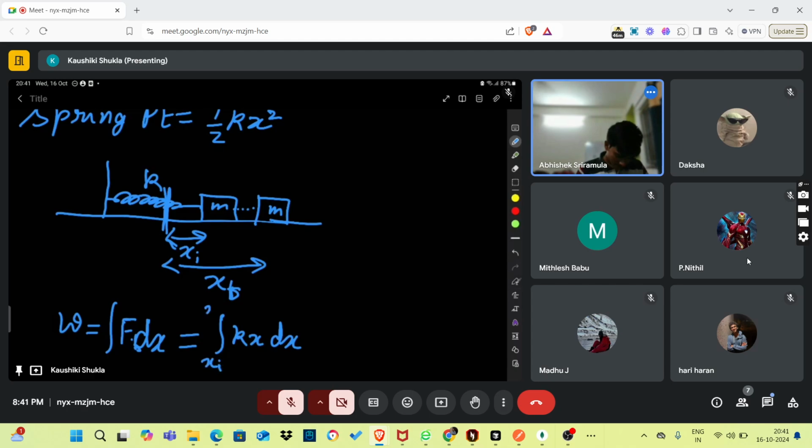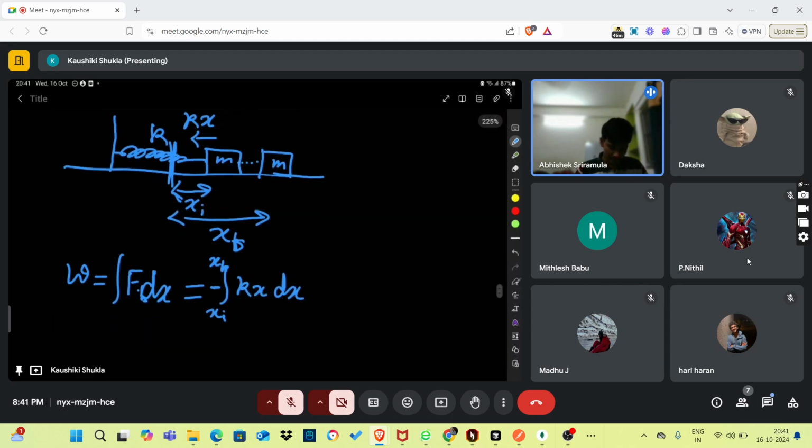As this is expanding, the force of the spring is backward, so that's why there is a negative sign that we put. Like I said in the example of work done by friction, we generally put a negative sign from our side.